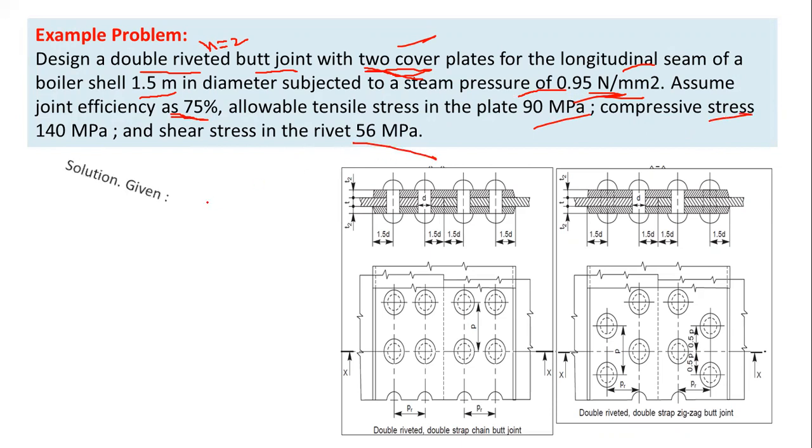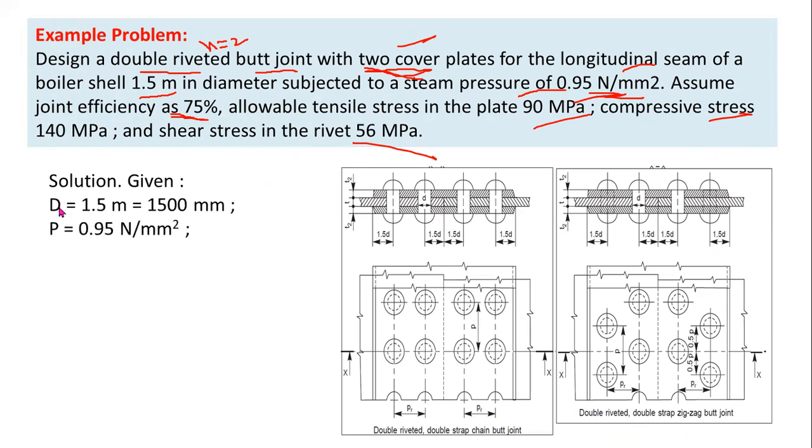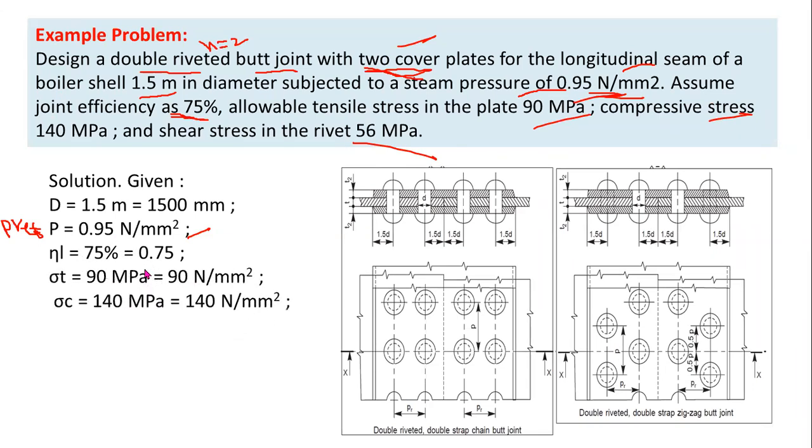So this is the given data. It is not a pitch, it is pressure: inside pressure P equal to 0.95 Newton per mm square. Zeta L is the longitudinal joint efficiency, then tensile stress, compressive stress, shearing stress.